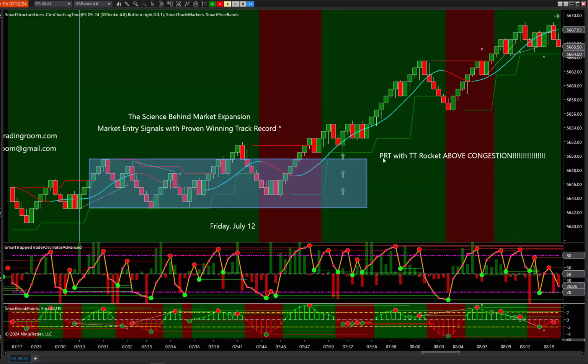Okay, so we have a pivot retag, pivot test, testing a breakout with a trader trap rocket, and it's above congestion. This is the best signal I will ever be able to share with you. This entire setup. And what's happening is the sellers are selling, the buyers are buying, and they continue to do that. But as it breaks here, guess what the smart sellers do?